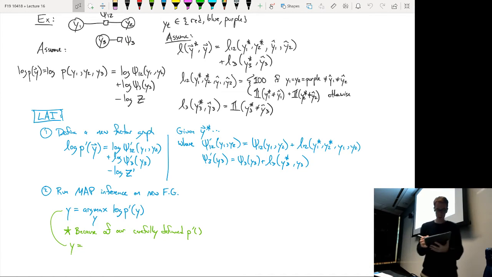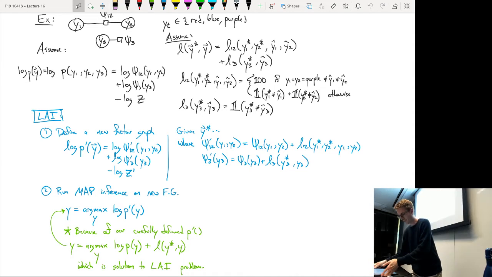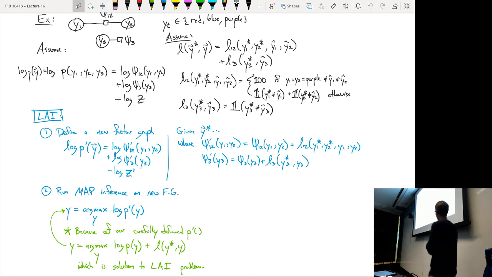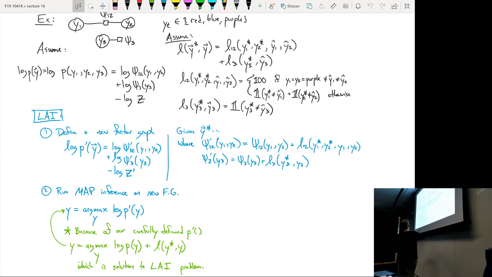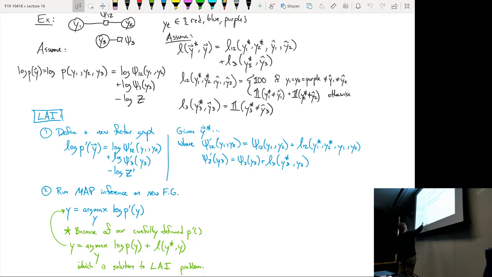So essentially what we're accomplishing by combining these is we're saying that if we have a distribution and it factorizes according to some factor graph, and then we have some loss function and it factorizes according to the same factor graph, we can just add those two scoring functions together, and what we get back is an actual new factor graph, where if we run map inference on it, we'll be solving the problem that we set out to solve.